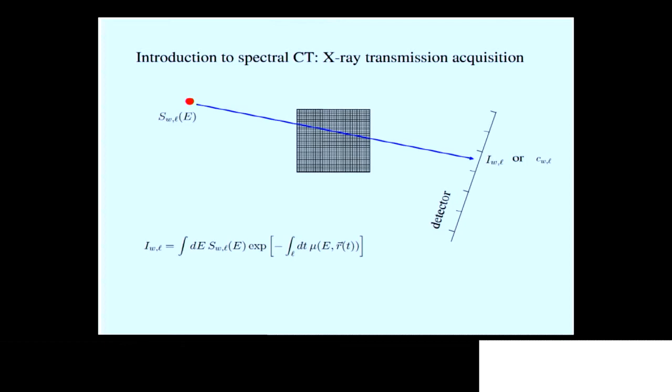So the transmitted model now is a little bit more complicated. Here I'm going back to the continuous setting. We have those same exponentials with the line integrals, but now the attenuation is a function of energy and space. So there's a weighting over the spectral response and integration over E, and now your transmitted data depends on your ray and the energy window sensitivity.